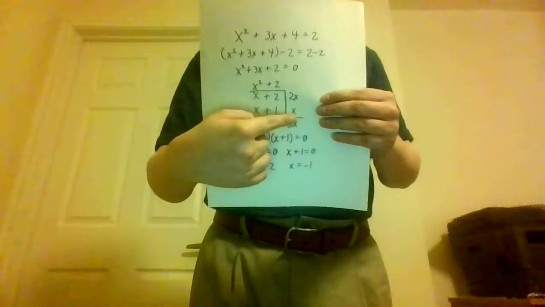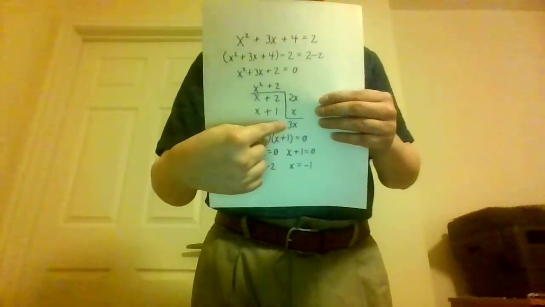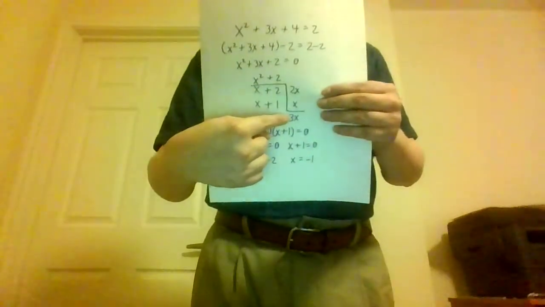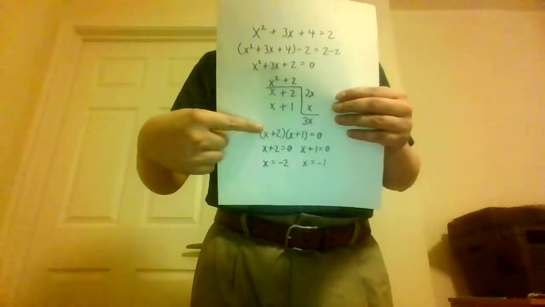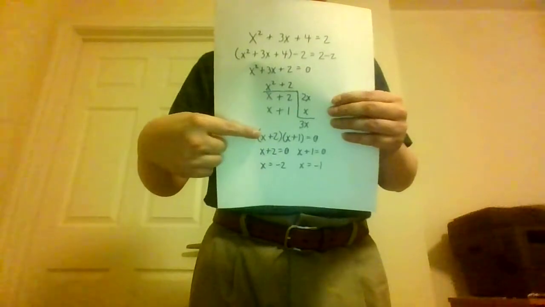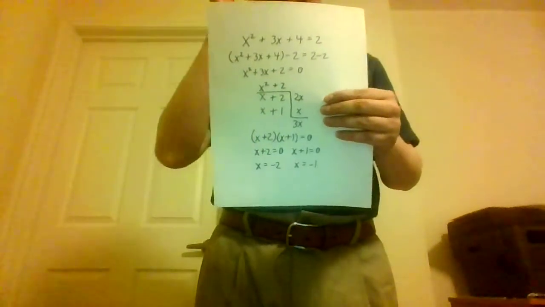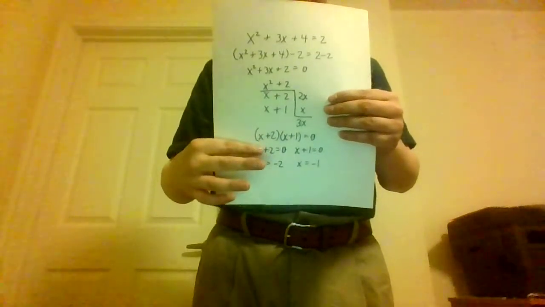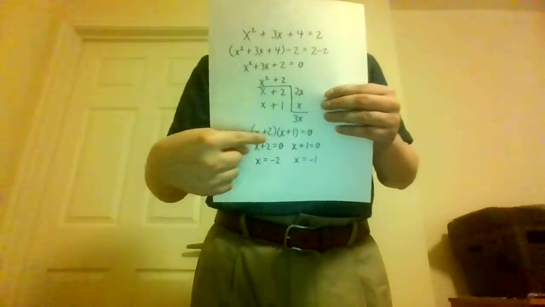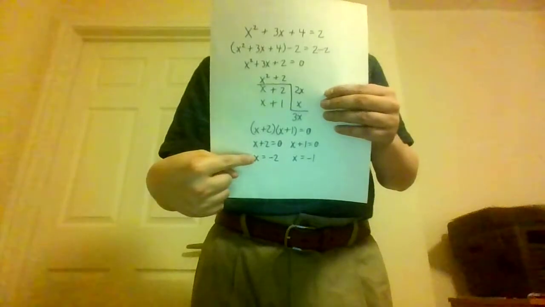You then add these together to get the bottom, the single variable. Through factoring, we get (x + 2)(x + 1) = 0. You then set each one equal to 0 as a linear equation. After solving them, you get the answers x = -1 and x = -2.